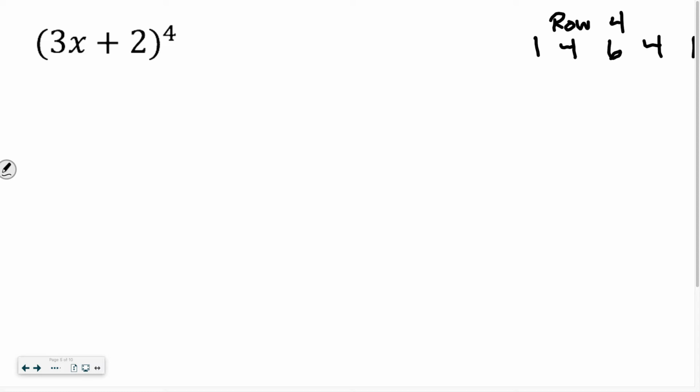What's your a value? 3x. Put that in parentheses. What's your b value? Where did you get all your stuff from?